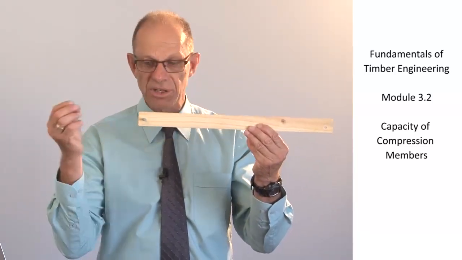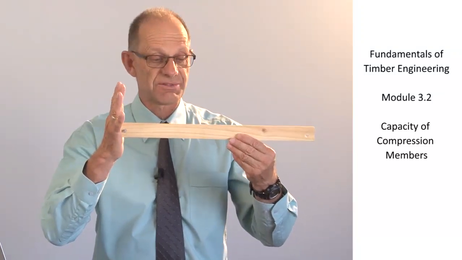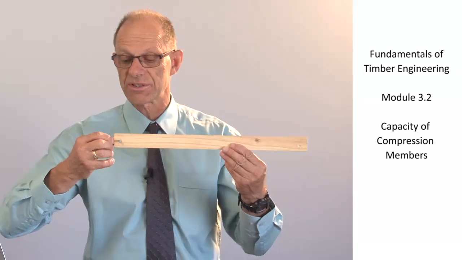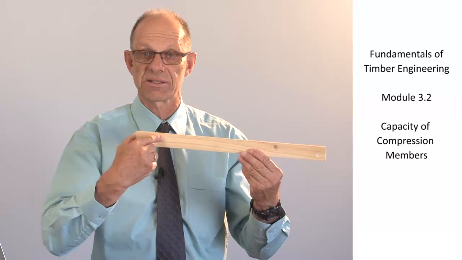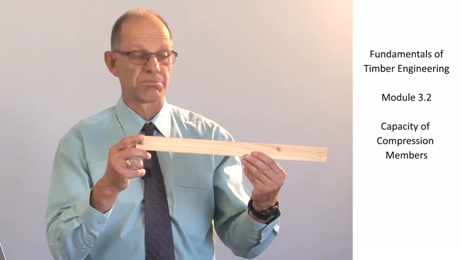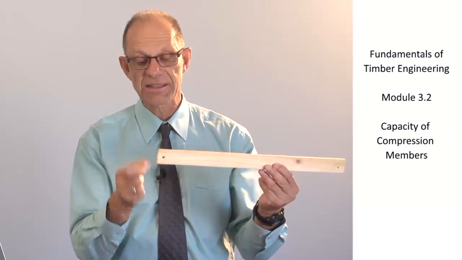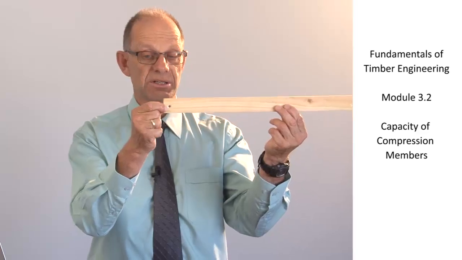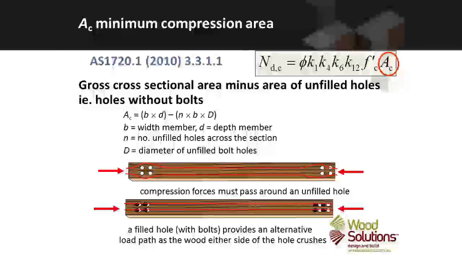So if there's a bolt in the hole, it doesn't interfere with the compressive strength of the member at all because the compression can simply pass straight through the bolt shank back into the timber. So we don't take account of holes that have got bolts in them. It's only if there's a hole that has nothing in it, so an empty hole, that we would take account of a hole in evaluating the compression area.